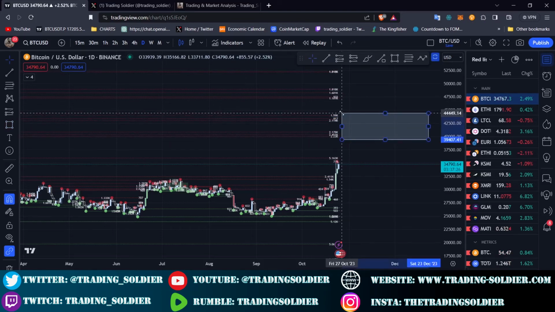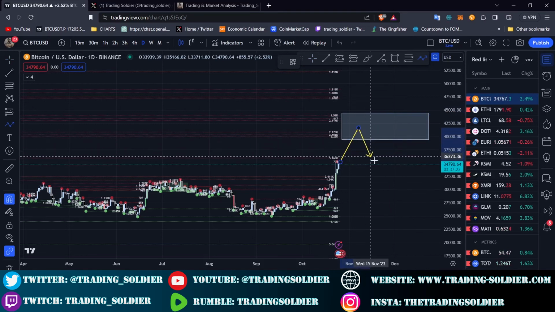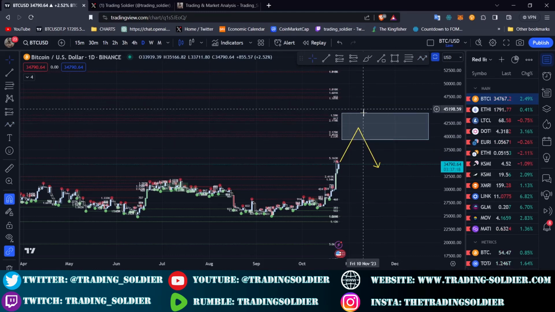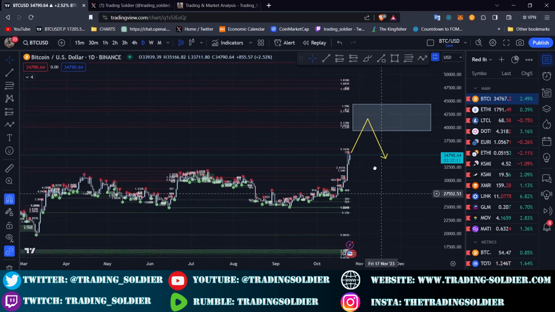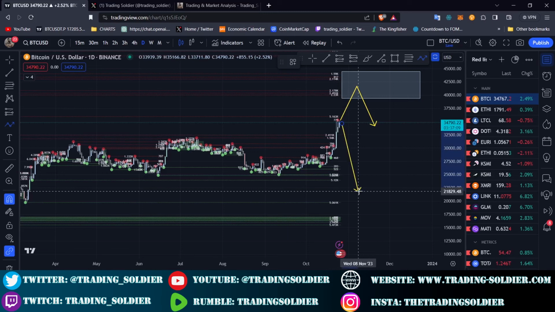So maybe price wants to go to this area and then is rejected, because when an area is mitigated, then oftentimes it goes to the opposite side. Or maybe now we nuke and we go to mitigate this liquidity that is sitting below.